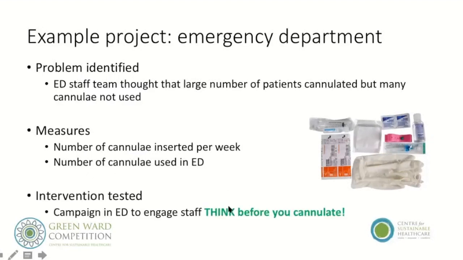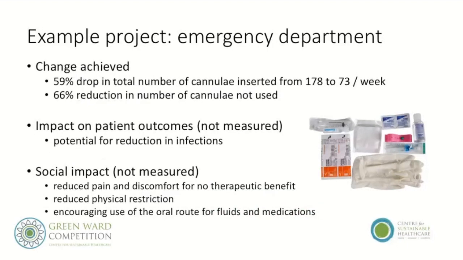They then ran a campaign which had various elements, basically to engage staff and to think about whether the patient really needed to be cannulated. They audited for a week, then they ran the campaign for a few weeks, and then they audited again. They found they'd achieved a 59% drop in the total number of cannulae inserted, and a 66% reduction in the number of cannulae that then didn't go on to be used.